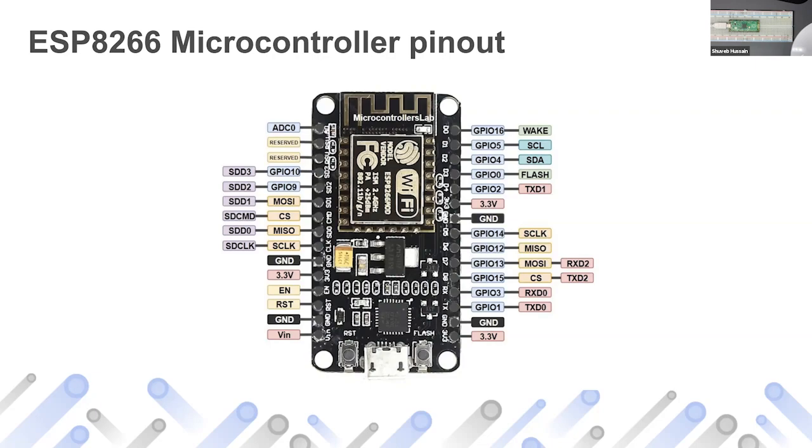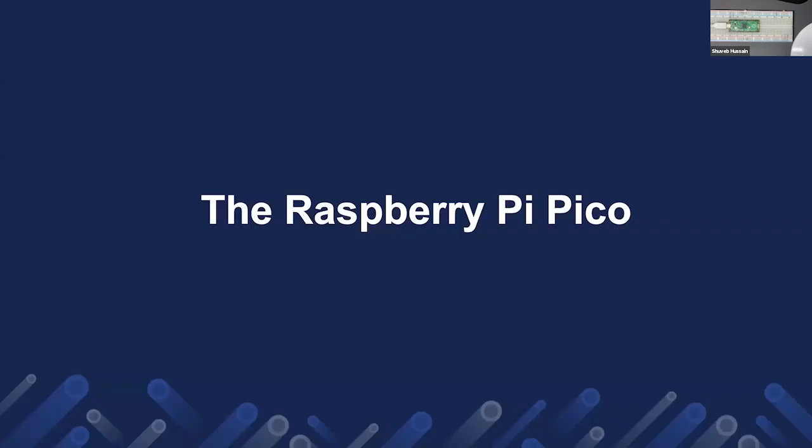There's also something else we can look at, but we are going to concentrate today on a very famous chip from a very famous organization, the Raspberry Pi company. These folks recently released the Pico. It is the latest Raspberry Pi to join the series of devices they have produced. So far, we've had the Raspberry Pi 1, 2, 3, 4, and also the Raspberry Pi Zero.